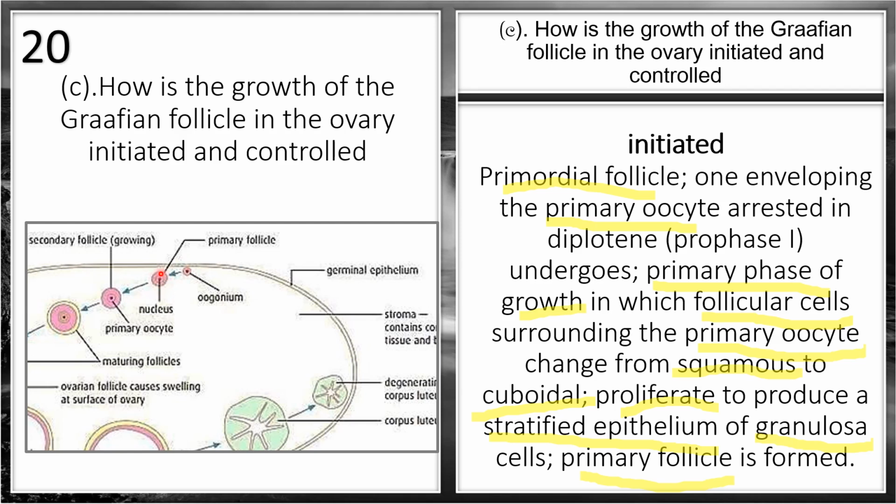And the follicular cells surrounding the primary oocyte inside will keep on changing from squamous shape to cuboid shape and then to stratified epithelium. And then we say a primary follicle has been formed.